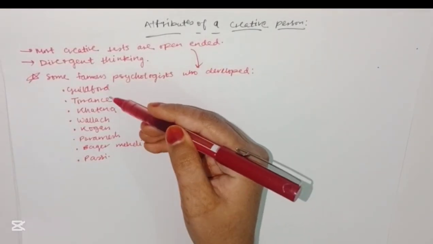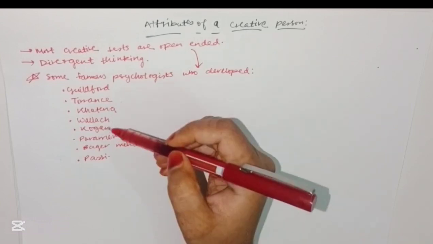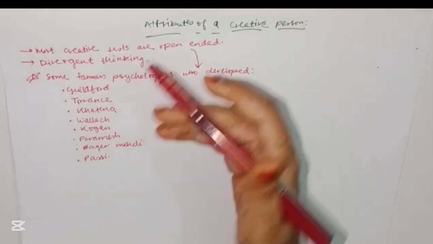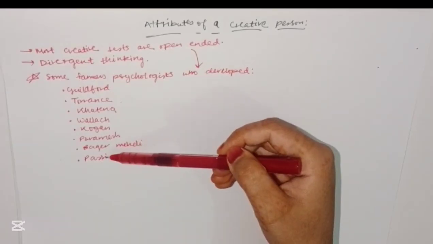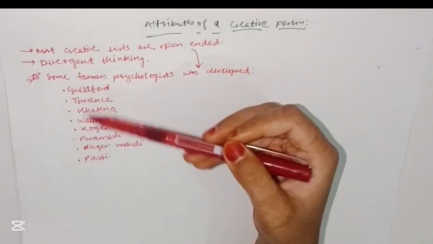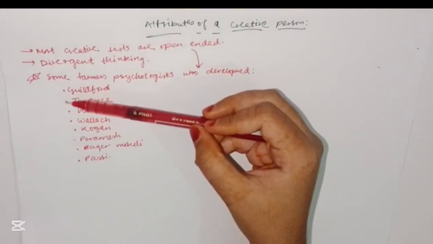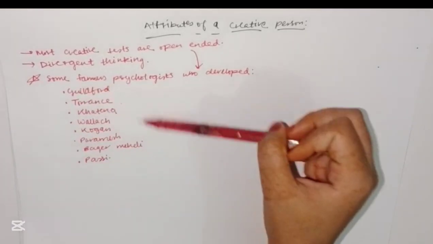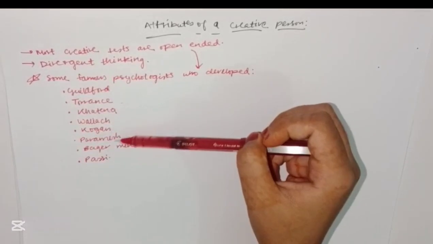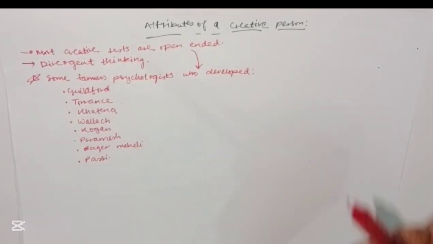Say them together: Guilford, Torrance, Khatena, Wallach, Kogan. Then Paramesh, Baqer Mehdi, Passi. Try to keep cues in your head like that. Make an acronym or anything such that you can remember these. It's up to you, but memory is very important. Prepare cues as you want.